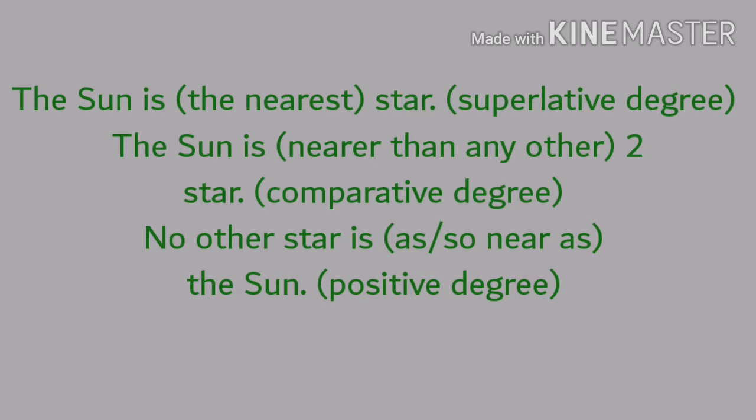So no other star is as near as or so near as, plus the subject of the superlative or comparative degree, that is the sun. So no other star is so near as the sun. I hope you got it.